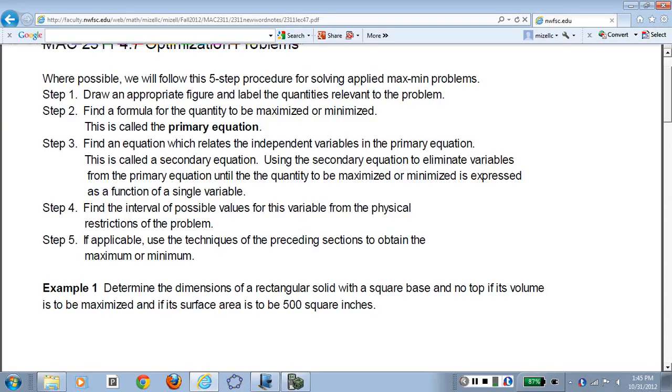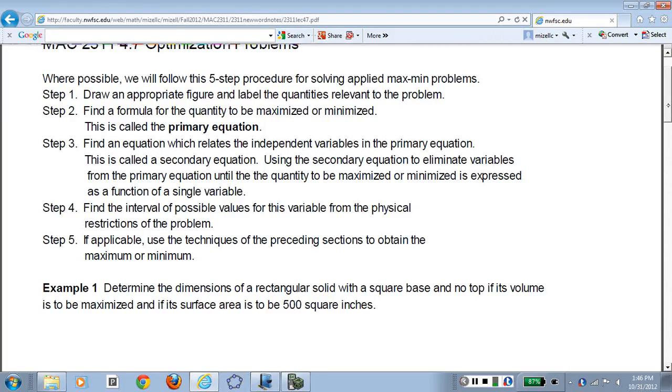But if it's a certain amount of surface area, there could be different combinations of dimensions, all with the same surface area, but some with more volume than others. So what we'd want to do is make the volume as much as possible in a case like that.